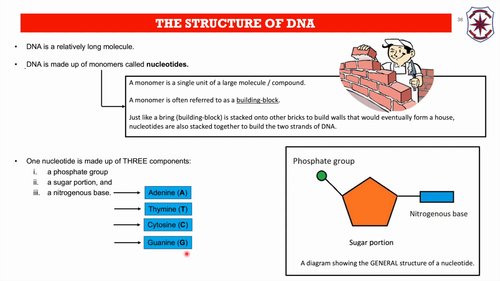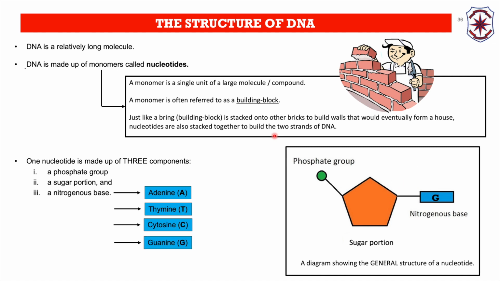All right? So this nucleotide would have a phosphate group, a sugar portion, and adenine as a nitrogenous base. Or it can have a phosphate group, a sugar portion, and thymine as a nitrogenous base. Or it can have a phosphate group, a sugar portion, and cytosine as a nitrogenous base.